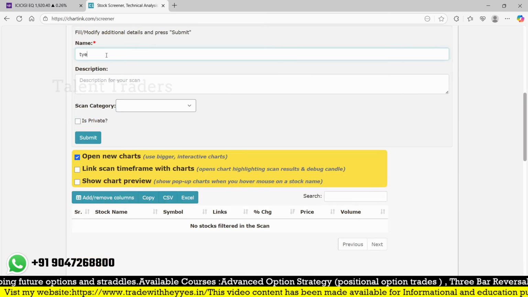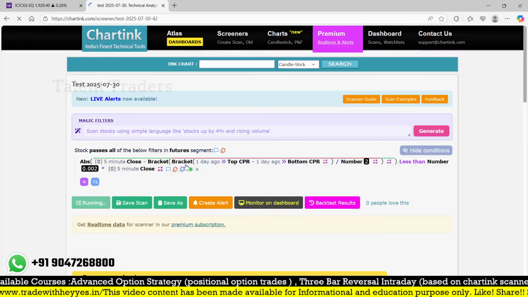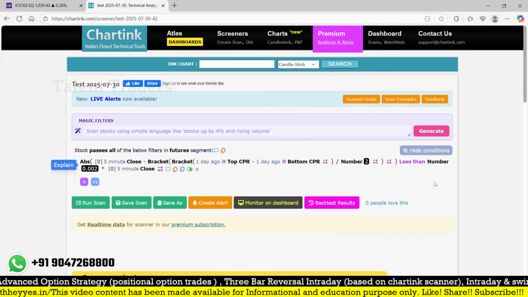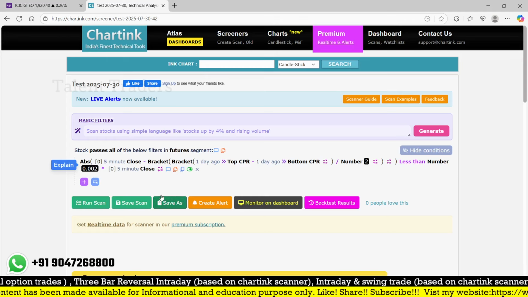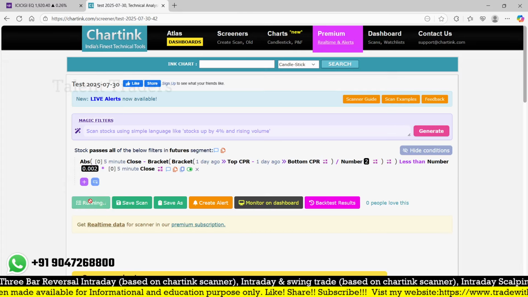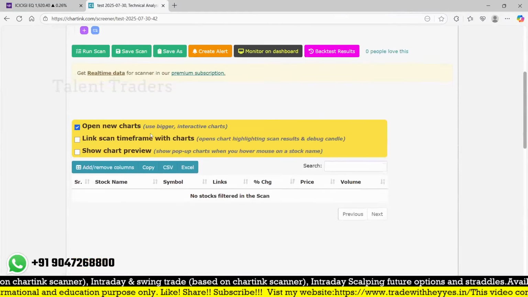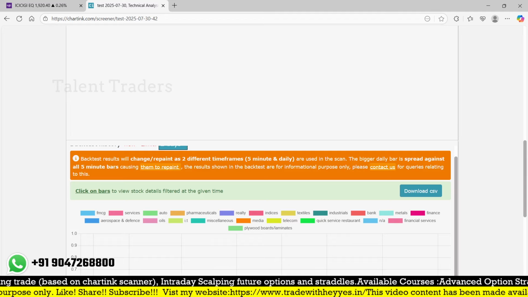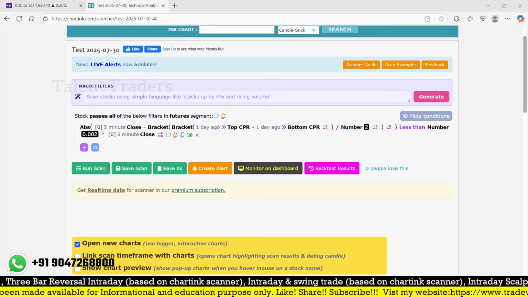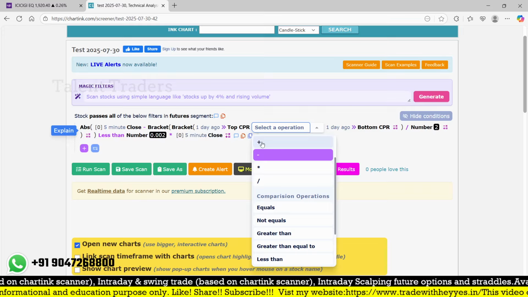Save the scan first. Let me check why it is showing this. Here, instead of minus, we have to take an average.